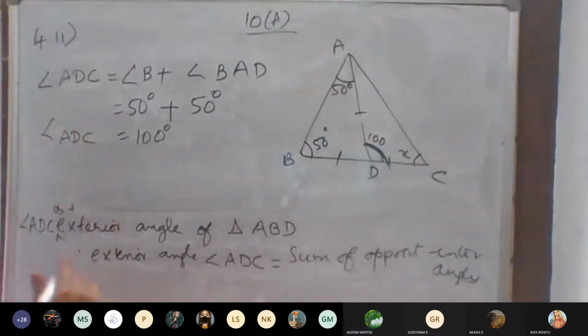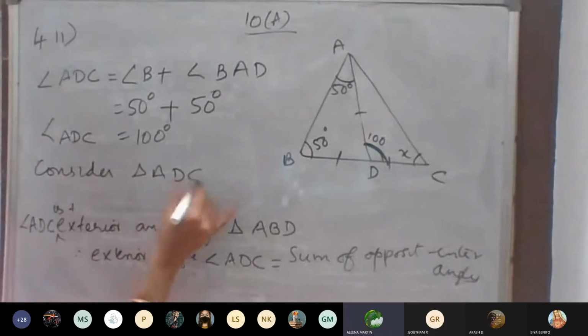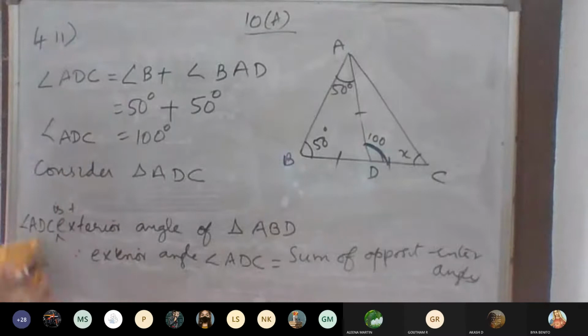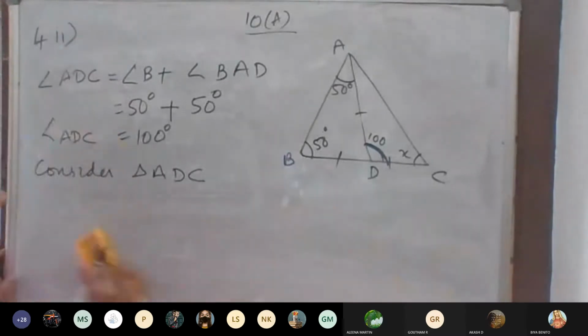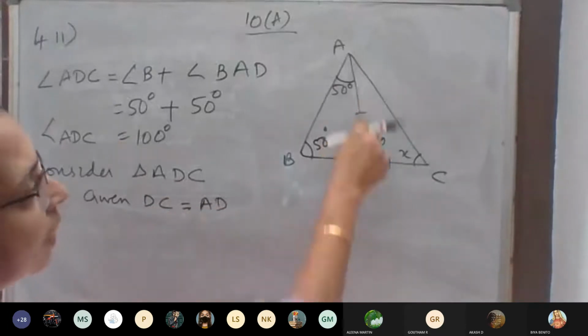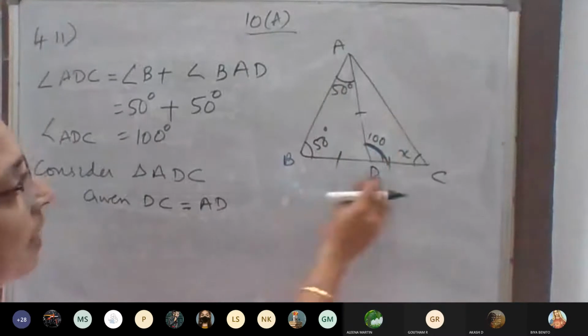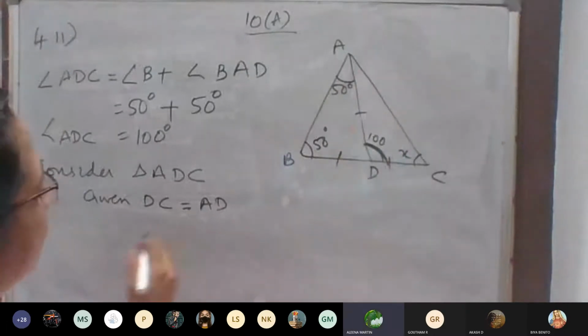Again, if we consider triangle ADC, which two angles will be equal? Given DC is equal to AD. If we consider this triangle, DC is equal to AD. DC means which angle?